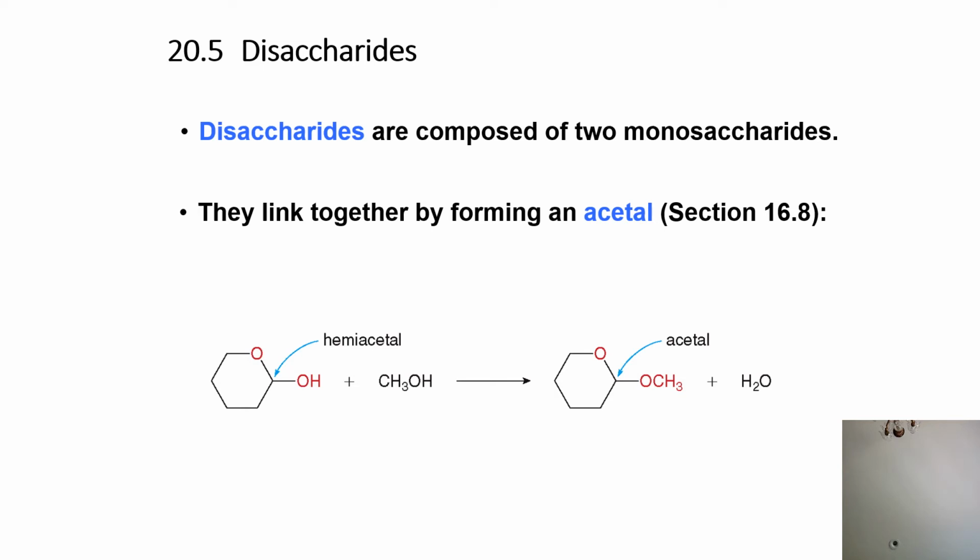Okay, now we're going to look at the disaccharides, or some examples of them. Disaccharides are composed of two monosaccharides, and they're linked together by forming an acetal that we've already looked at. So remember, we had the hemiacetal where we folded or looped a carbohydrate sugar around, and the carbon 5 reacted with the carbonyl carbon.